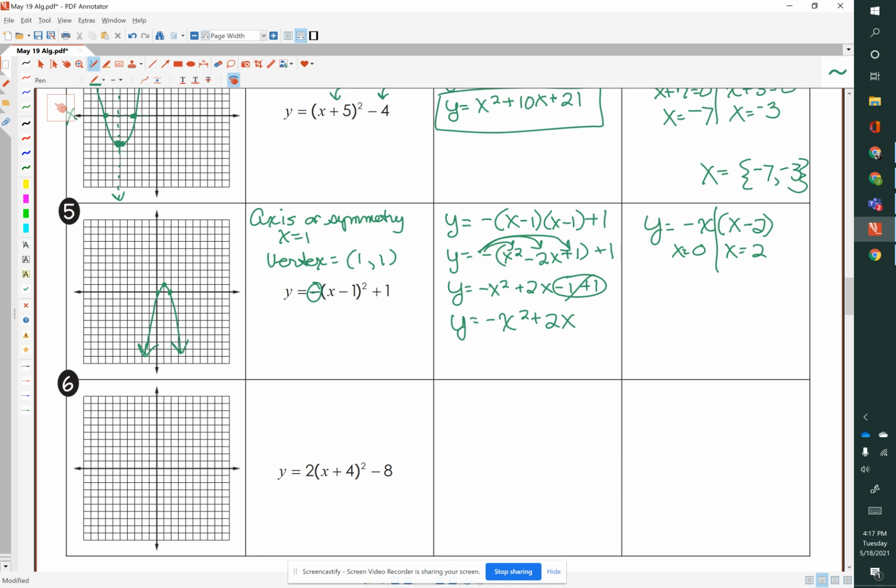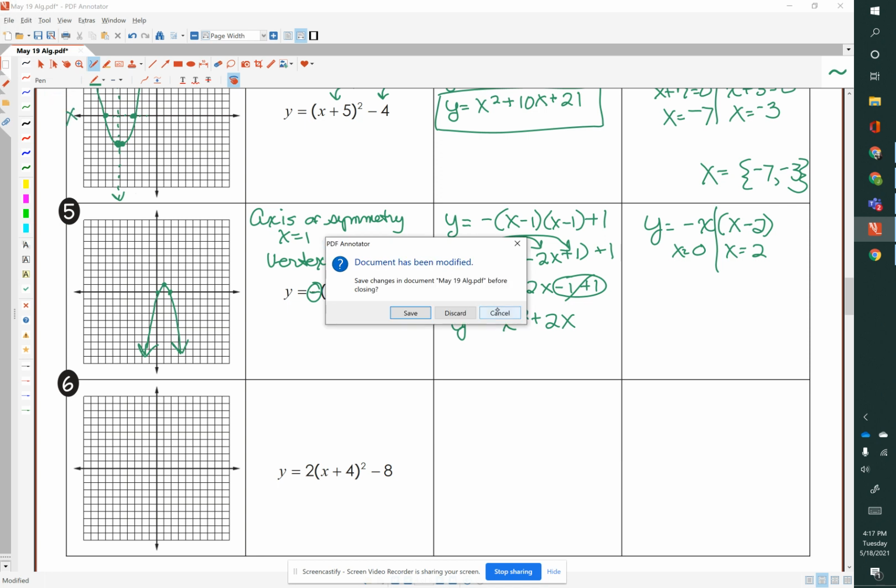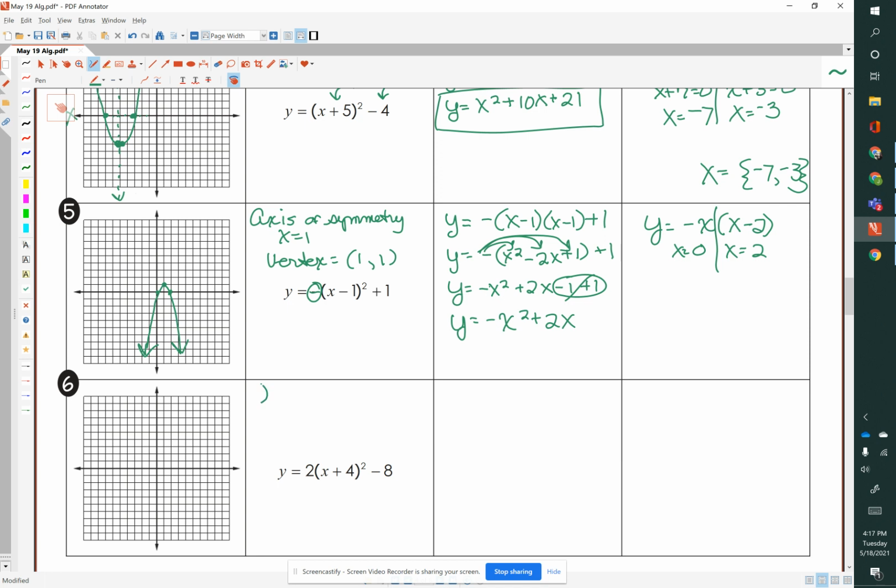Okay, let's look at number 6. We're given y equals 2 times the quantity (x plus 4) squared minus 8. So our axis of symmetry would be negative 4, because we take the negative of whatever that sign is.